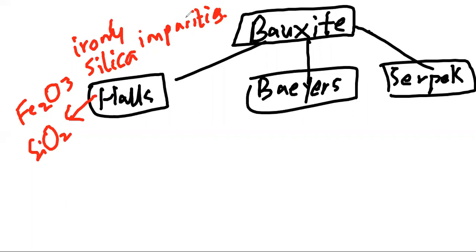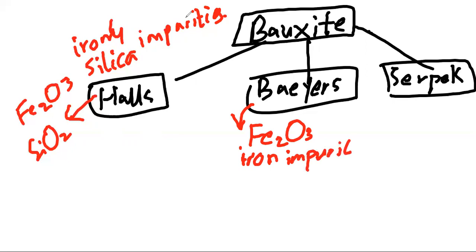The second, Baeyer's method: if the ore of bauxite contains only iron, Fe2O3, as impurity, then we go through Baeyer's method.